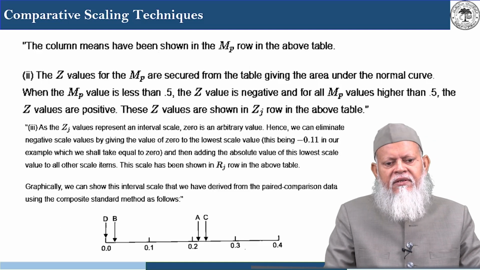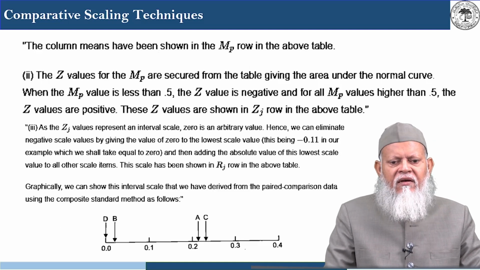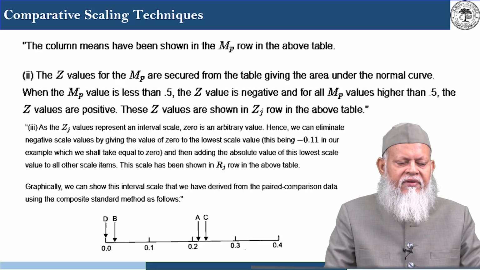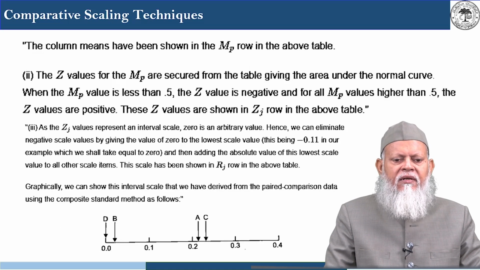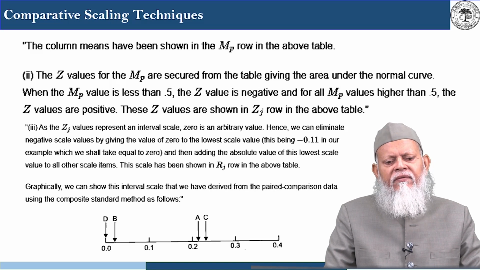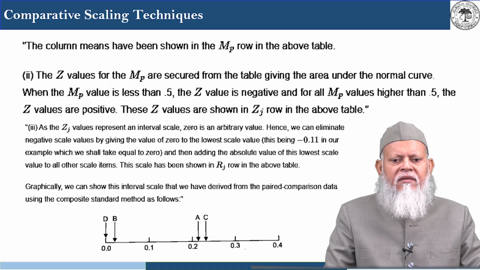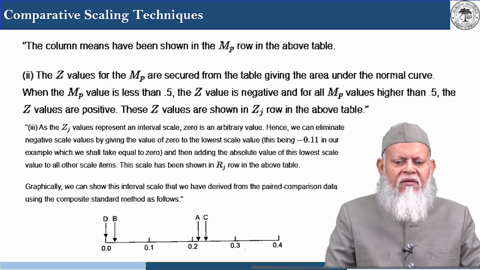That way we have arrived at this graphical figure, which gives us this interval scale that we have derived from the paired comparison data using the standard method. What I wanted to say is that although apparently it seems very difficult and sophisticated, it is not.